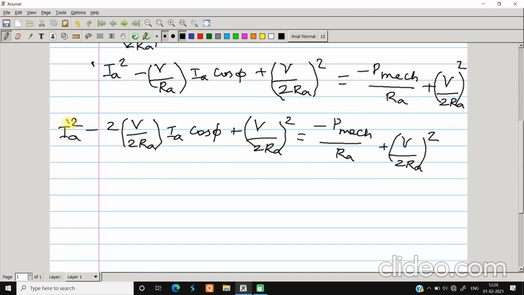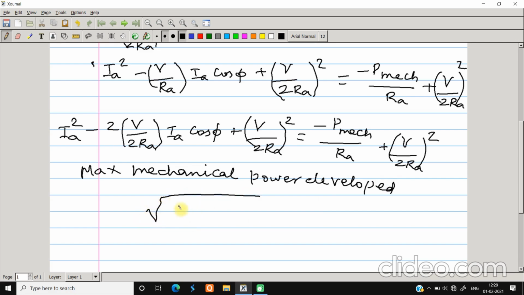So here, the maximum mechanical power developed will be got by taking the root of (Vt by 2Ra) the whole square minus P mechanical divided by Ra, that is, this term will be equivalent to 0.